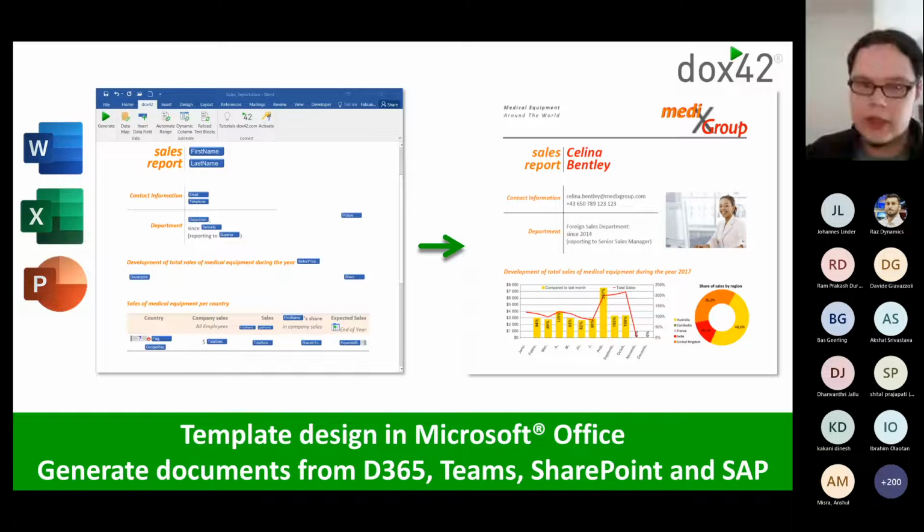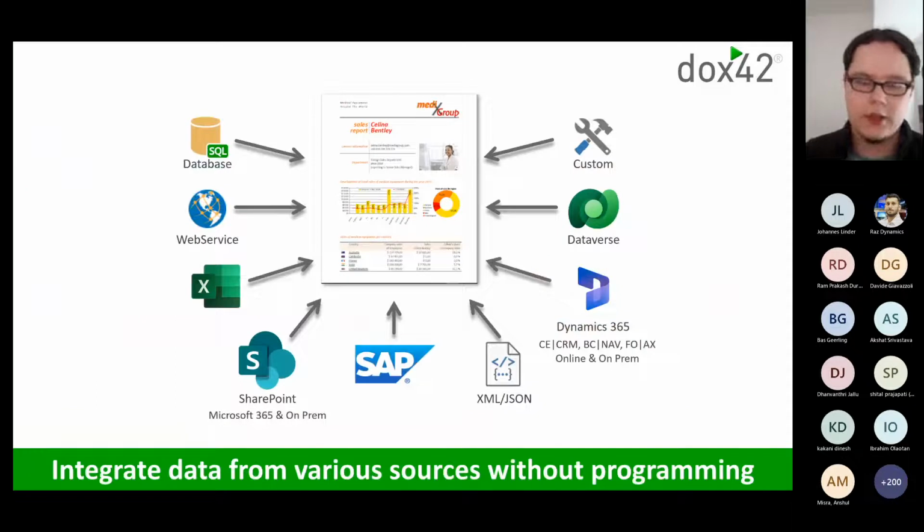And you can see that there is a lot possible. You can enter names, data, graphs, etc. So a lot is possible with these templates. And I mentioned these data sources already. You can get data from many different data sources from many different points.